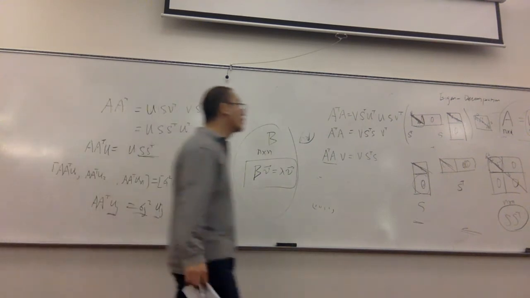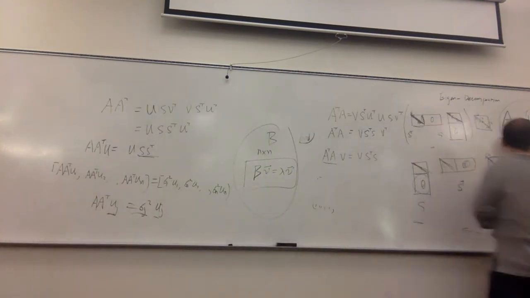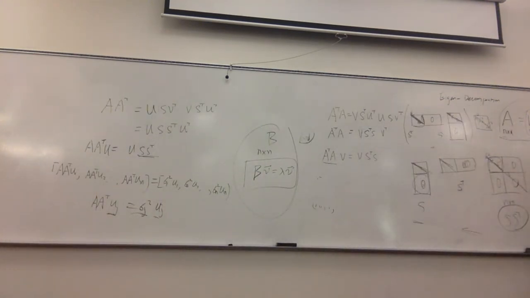Now, what can we observe? From singular value decomposition, we find that the pairs of the left singular vectors and the square of singular values form the eigenvector and eigenvalue pairs for A transpose. And the pairs of right singular vectors and the square of singular values form the eigenvector and eigenvalue pairs for A transpose. That's a very amazing result.